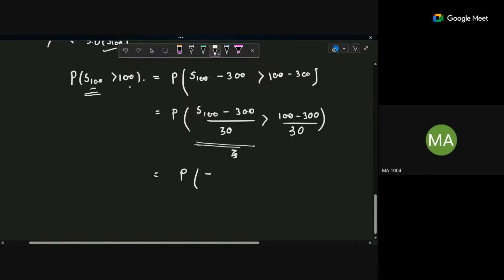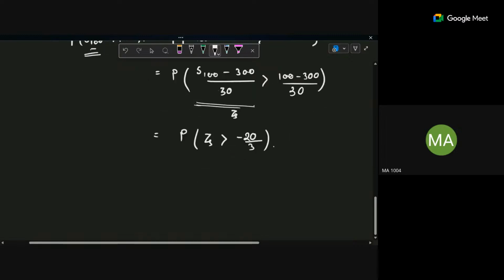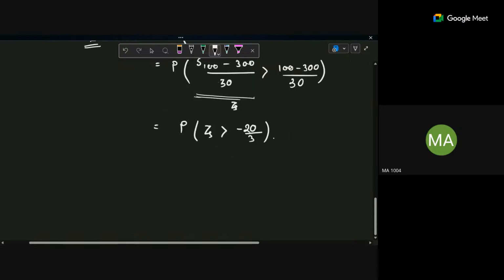Yes, ma'am. So Z is greater than what? This will be negative 200 divided by 30, that is negative 20 by 3. So how do we write this probability, Z greater than negative 20 by 3? 1 minus FZ of minus 20 upon 3. Why this 1 minus?